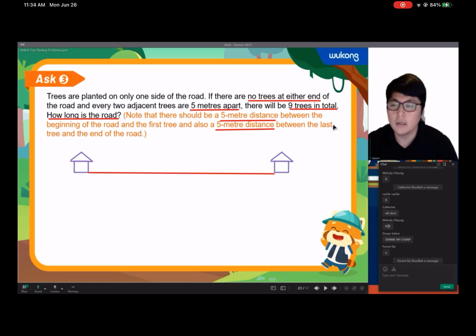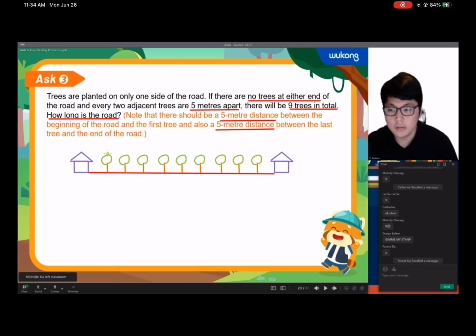And now we have 9 trees. Okay, nice. We have 9 trees.